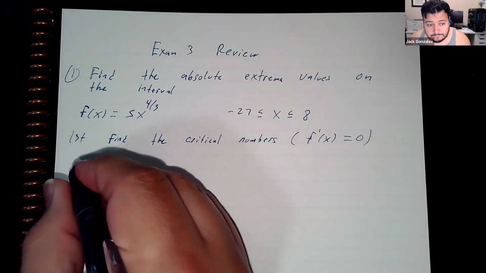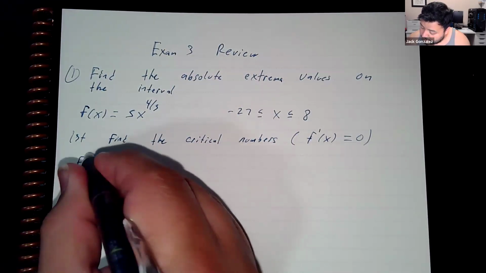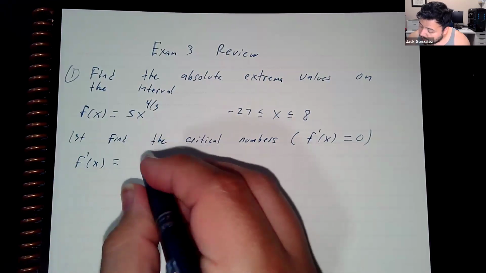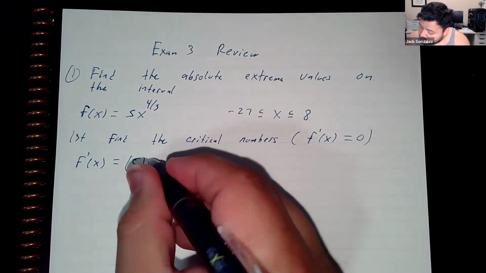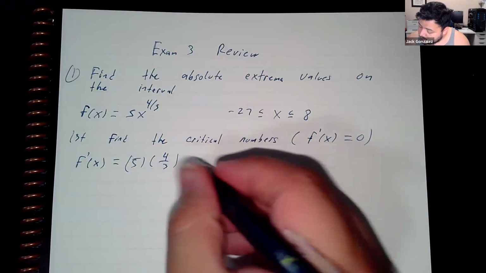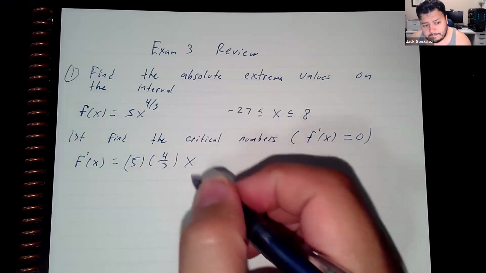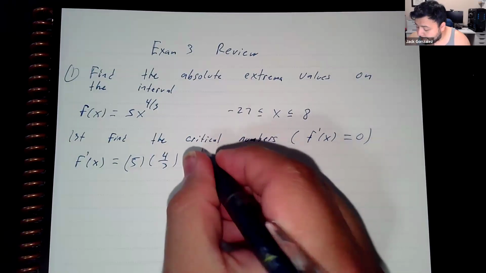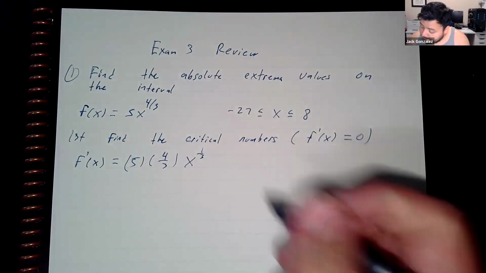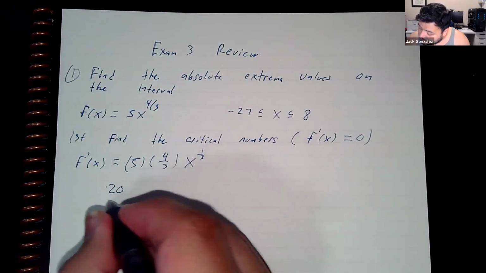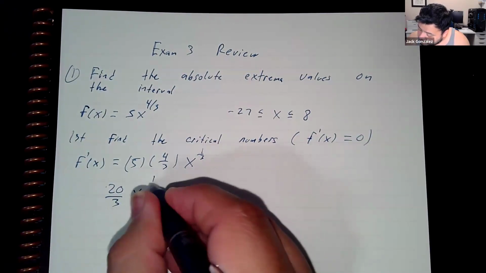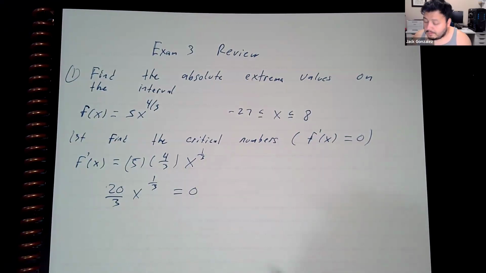So f prime would be 5 times 4/3 times x to the 4/3 minus 1, that would be 1/3, right? So 20/3 x to the 1/3 equal to 0.